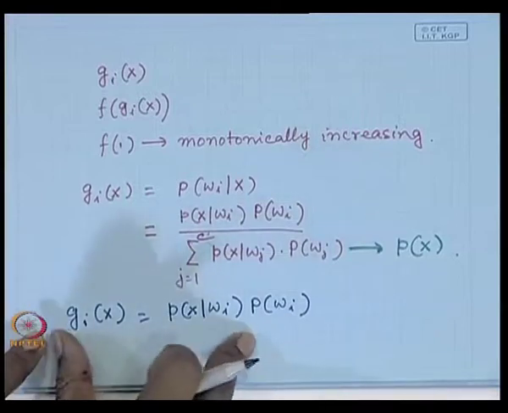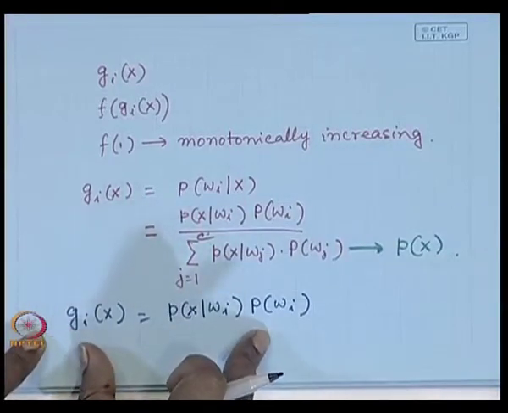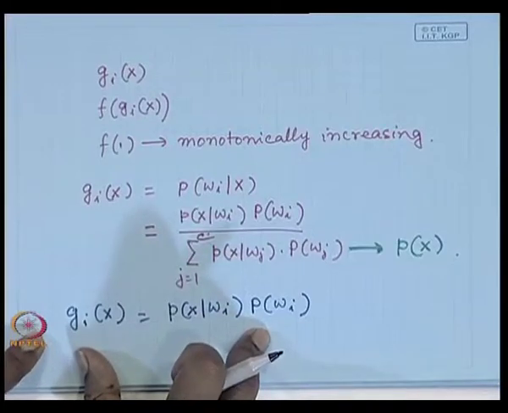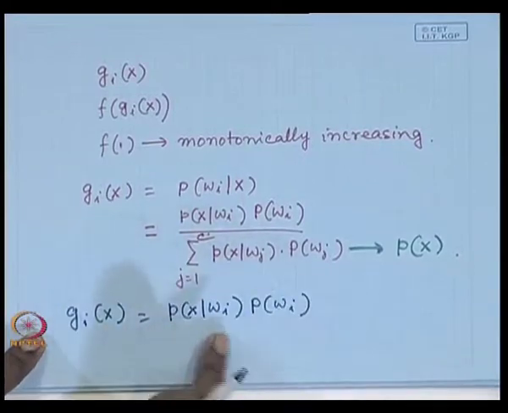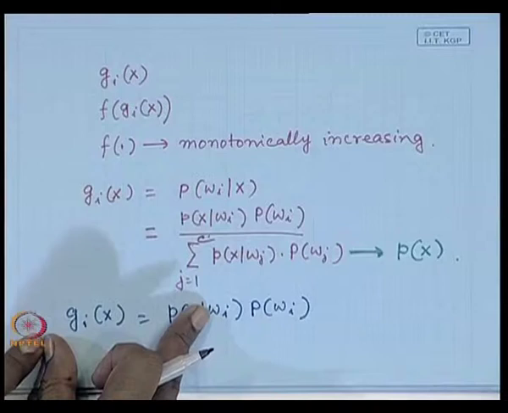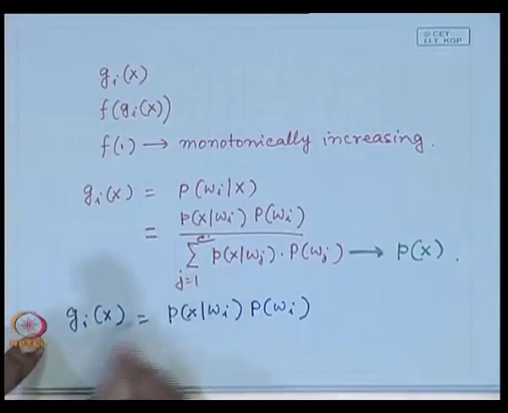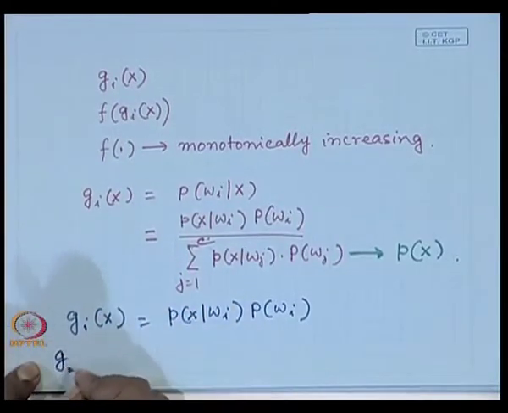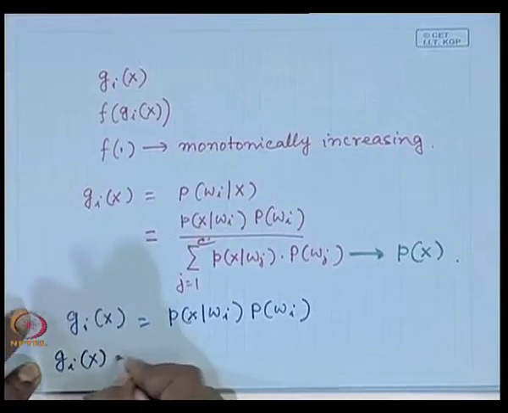So, as I have in my original formulation g_i(x) like this, we know that the logarithmic function is also a monotonically increasing function, right. So, instead of using this, I can use log of this as my discriminant function.